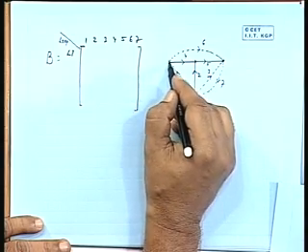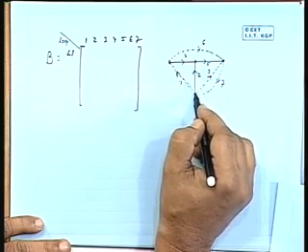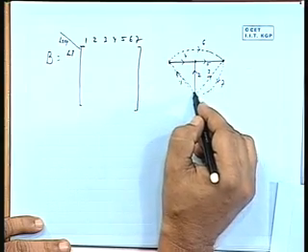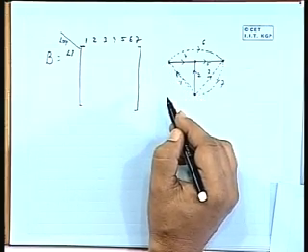Now that completes this loop, is it not? So you go along this loop taking this to be positive. You take the reference of the direction of the loop as the direction provided by the link. Link direction is taken as the direction of the loop.